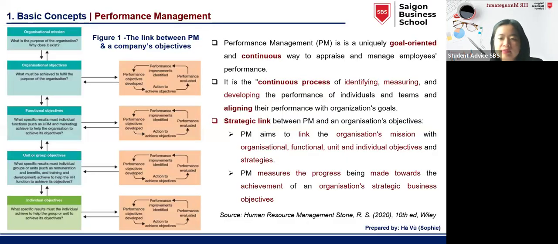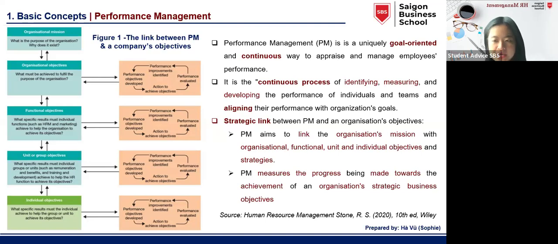Figure 1 illustrates the connection between performance management and a company's objectives. Performance management aligns a company's mission, key objectives, and strategies with those at the functional, unit, and individual levels. Its primary goal is strategic planning and development, driving improvement in performance across all levels.